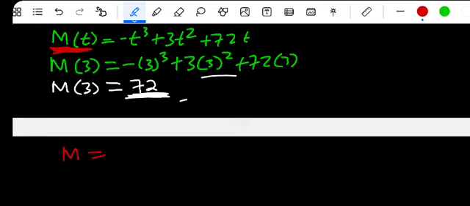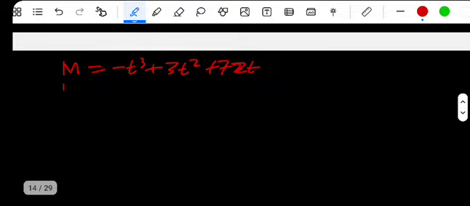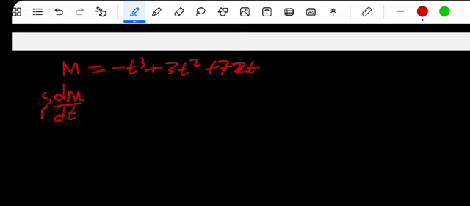Now we want the rate, so we take the first derivative of the function.